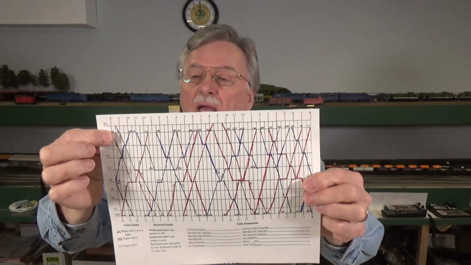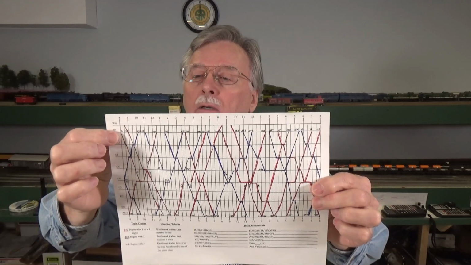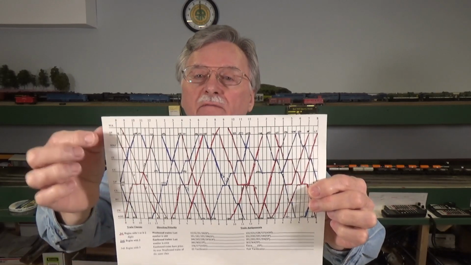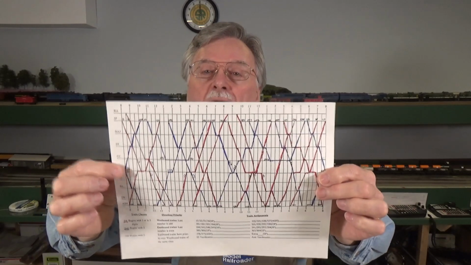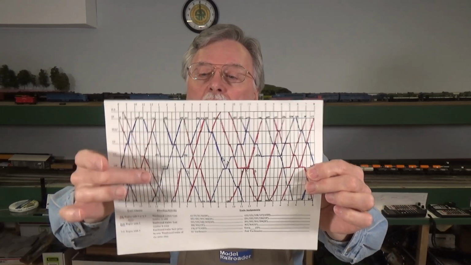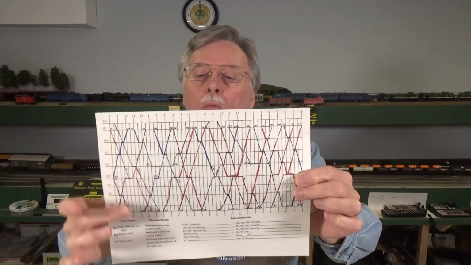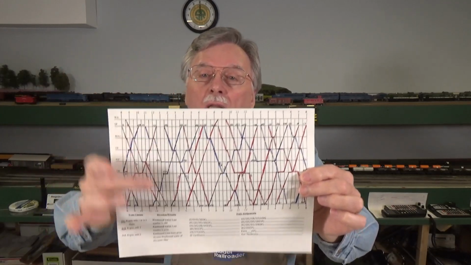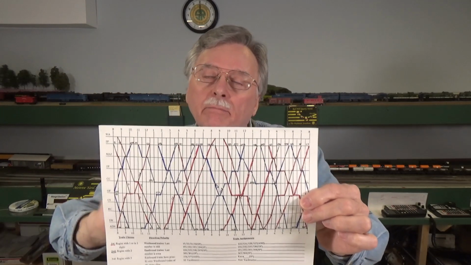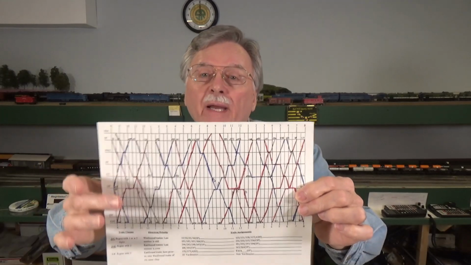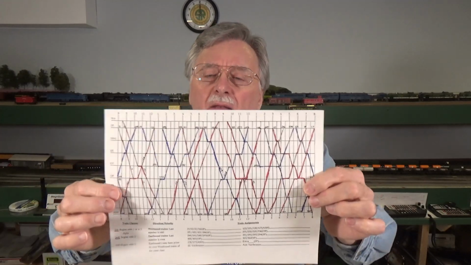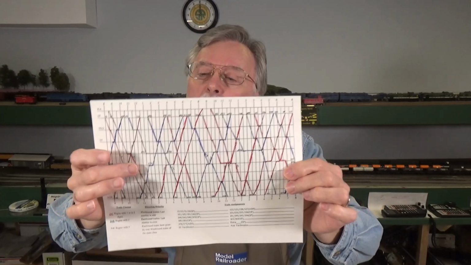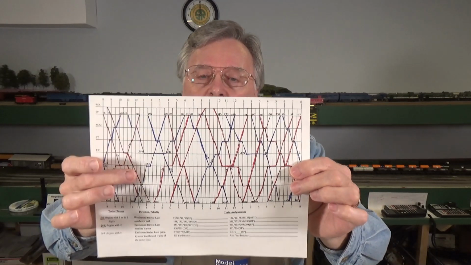And you can take a magic marker, a yellow marker, and just run a line right over top of these so that you can follow the movements of the trains as they move along. And you can actually plan when you're going to run any given train or delay one based on the schedule and how everybody else is operating. And that's also how you use these for planning extras and movements of extra trains.